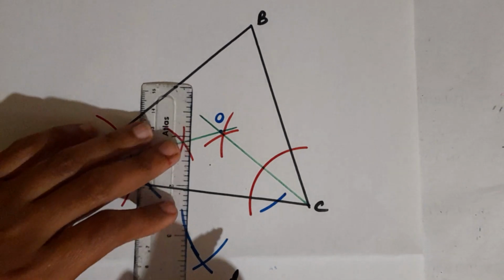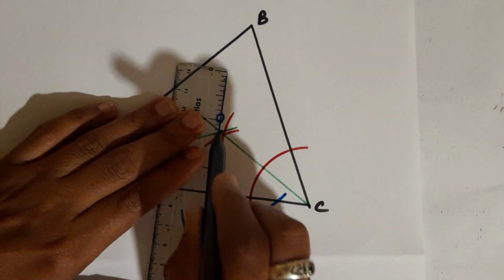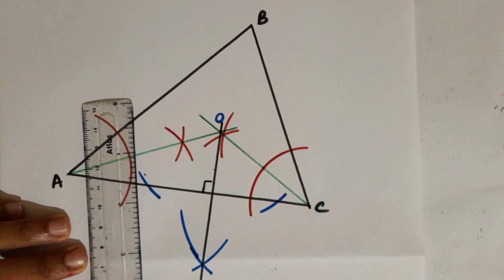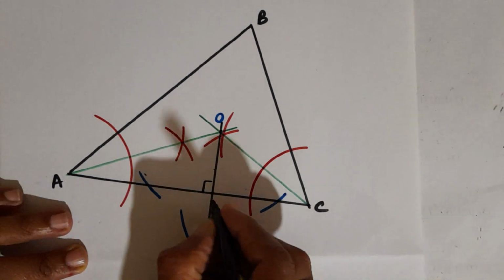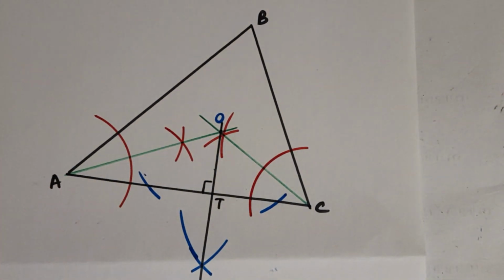Now we can join this intersecting point and the point O by using the straight edge. This is the perpendicular constructed. The angle is 90 degrees. I will take this point as T.